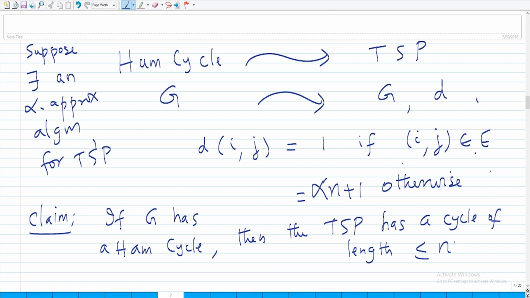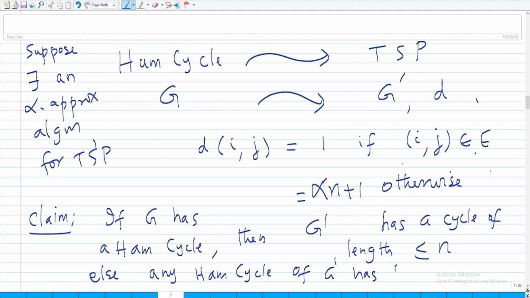Let me write the claim and then I will come back to how we are going to use this. Else, let us call this G prime, any Hamiltonian cycle of G prime has length strictly more than alpha n, right, because it must use one of these edges. Okay. So, this claim is clear.